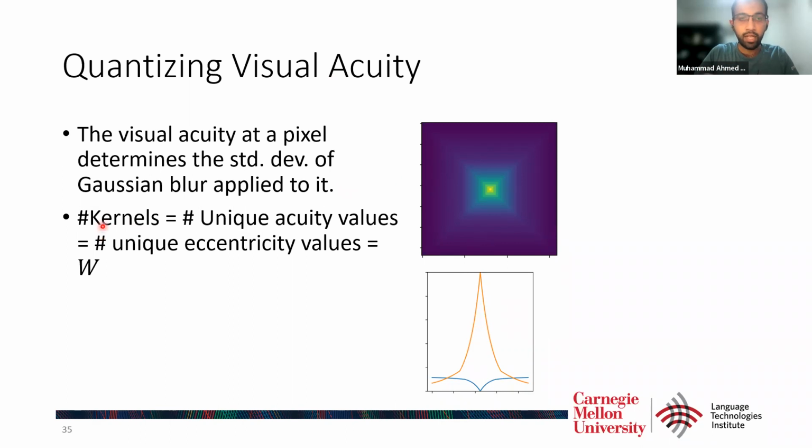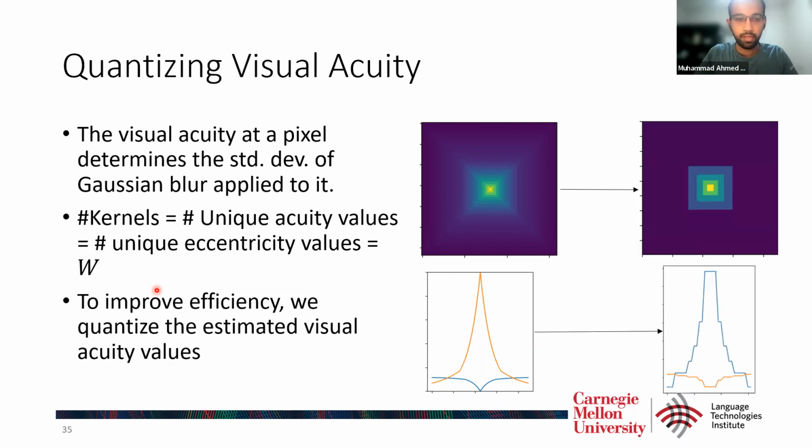So essentially, we would need as many Gaussian kernels as there are unique acuity values, and we have as many unique visual acuity values as we have pixels in one dimension of the image. For normal images, that value can be quite large. So we would have maybe 200 or 100 different Gaussian kernels being convolved over the image, and that is usually very inefficient.